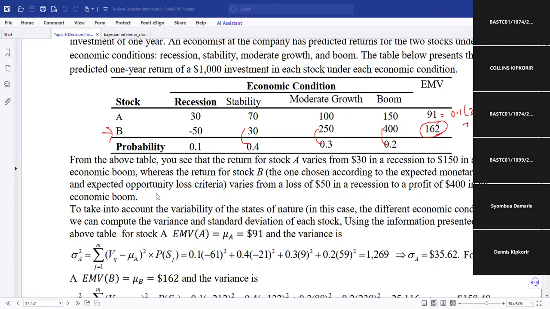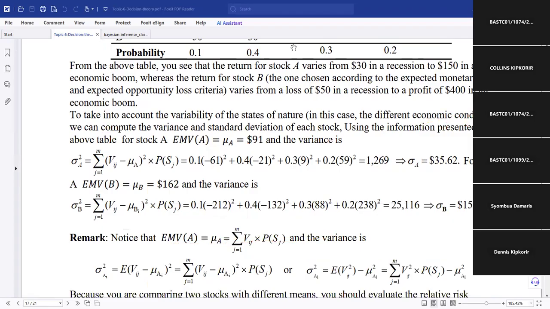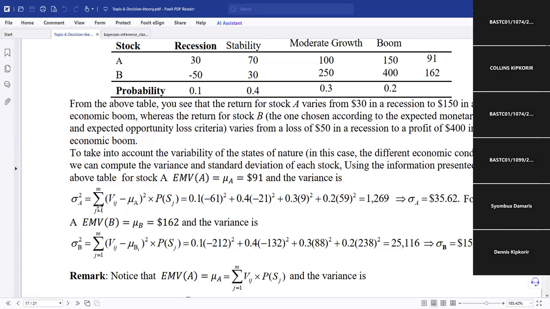Now, when you go to the risk to ratio case, what we need to do is get the variance. So the EMV for A, which is 91, the variance is given by this formula for computing variance.